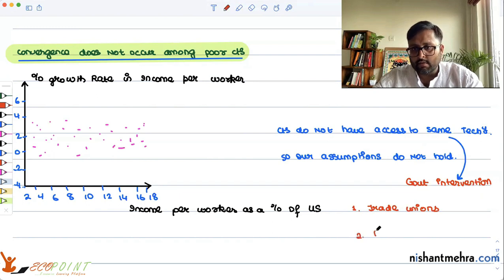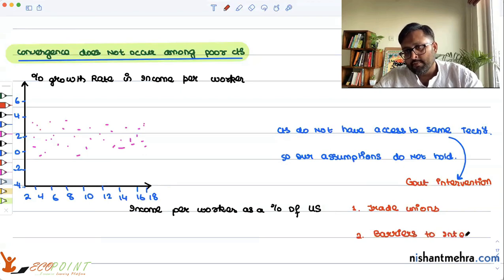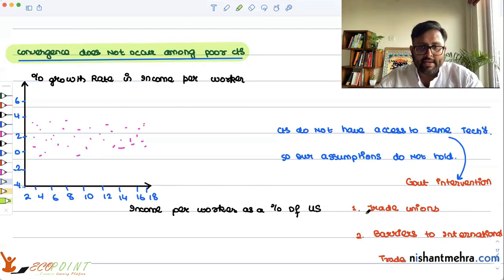Secondly, it can also lead to barriers to international trade. Governments might create barriers to international trade. And why do governments create barriers to international trade?